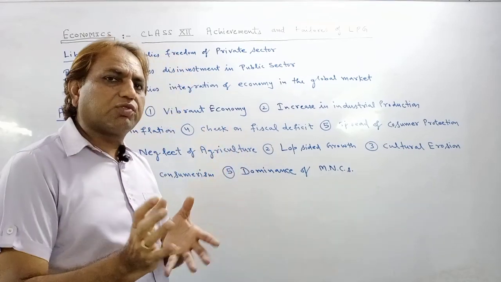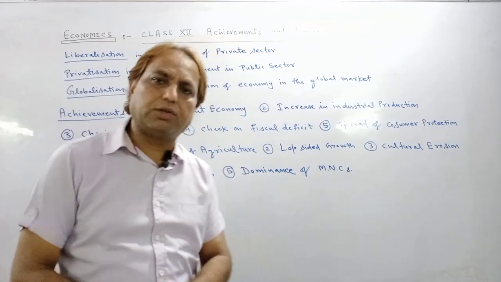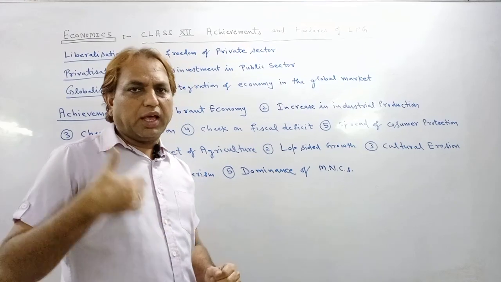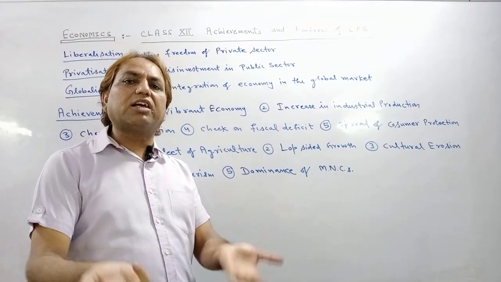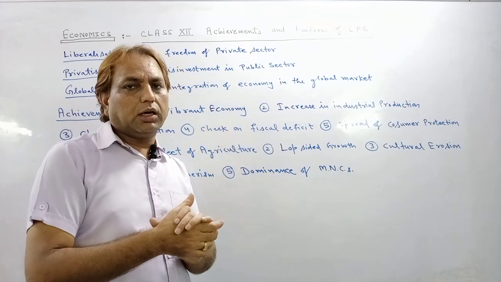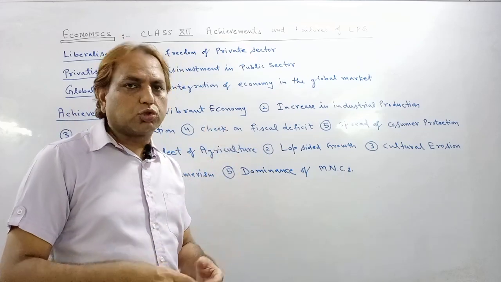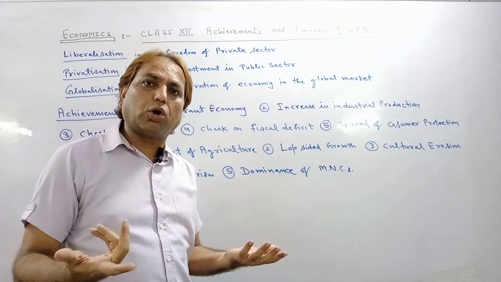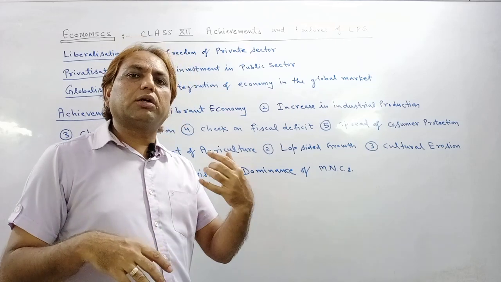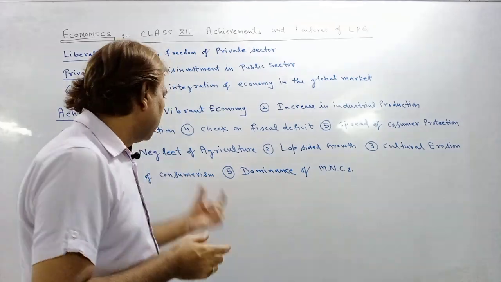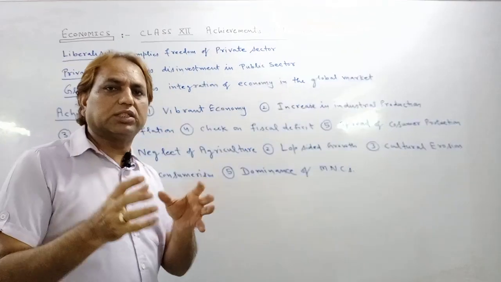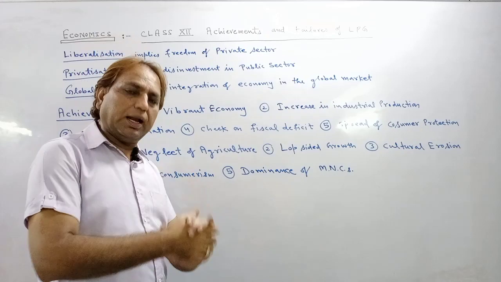So agriculture, which was the prime occupation, was neglected. Productivity, production and income from agriculture got a shock. It means we got some derailment in the economy. So neglect of agriculture was a failure, a negative point of LPG.